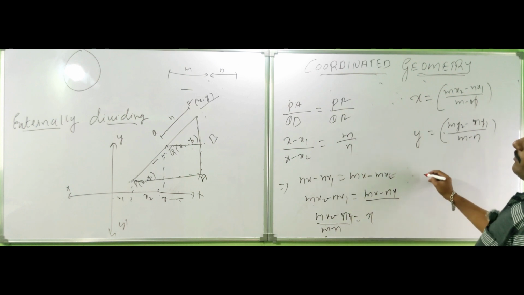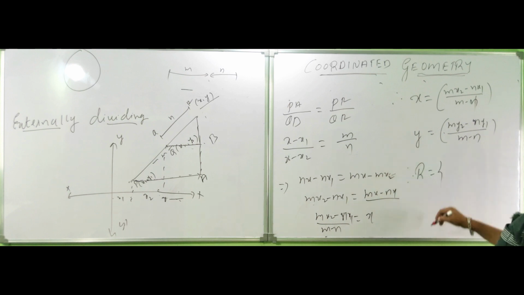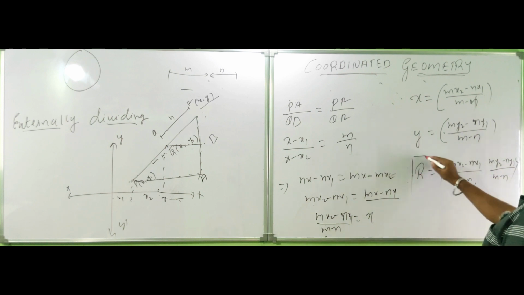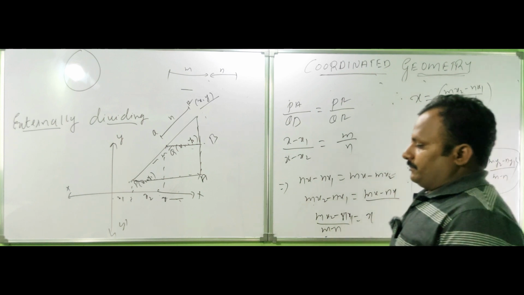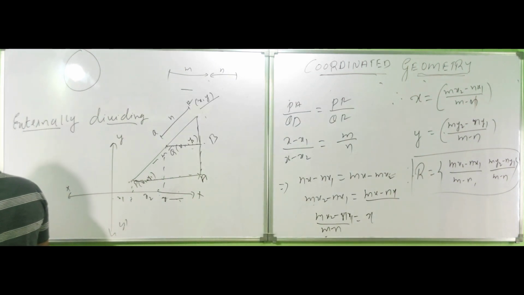Therefore, the point R dividing P and Q in the ratio m to n is mx2 minus nx1 divided by m minus n, my2 minus ny1 divided by m minus n. This is the formula for dividing externally.